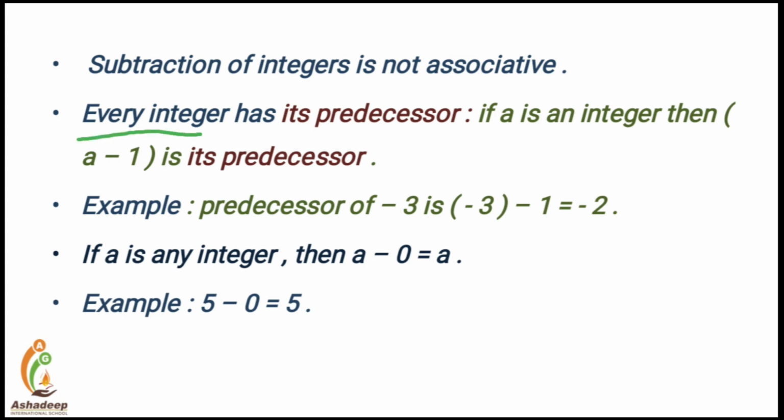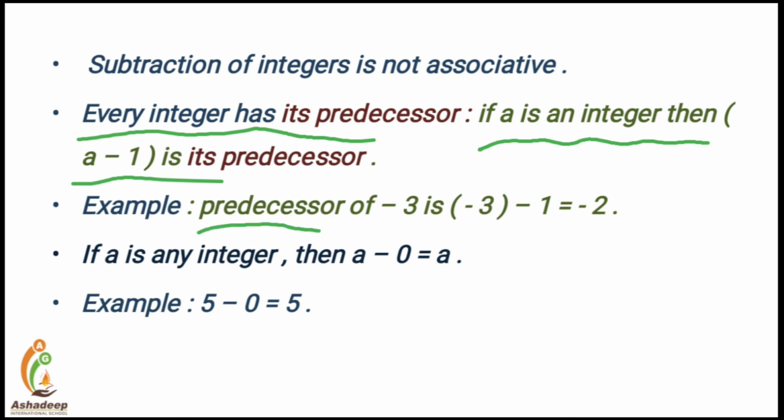Then every integer has its predecessor. If A is an integer, then A minus 1 is its predecessor. General rule. For getting predecessor of any number, we have to subtract 1 from it. So like for negative integers, for getting predecessor, we have to subtract 1 here.